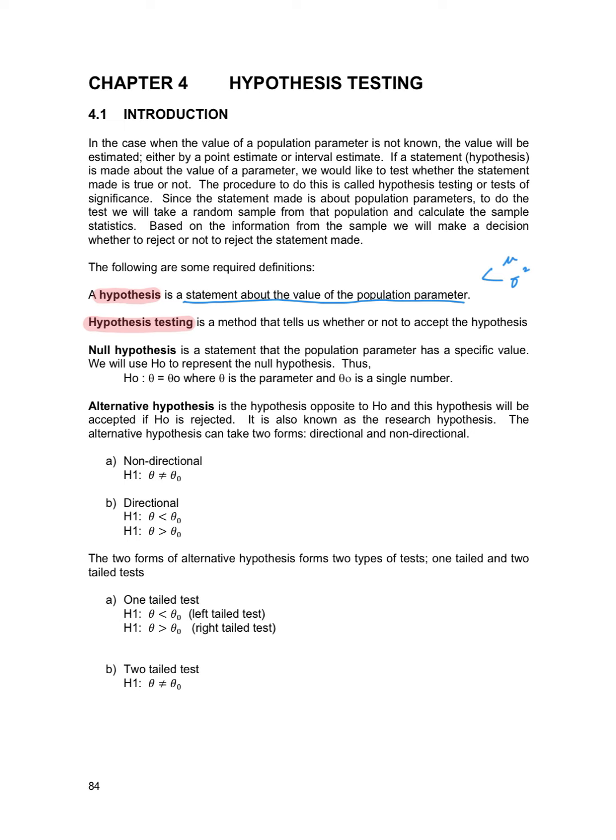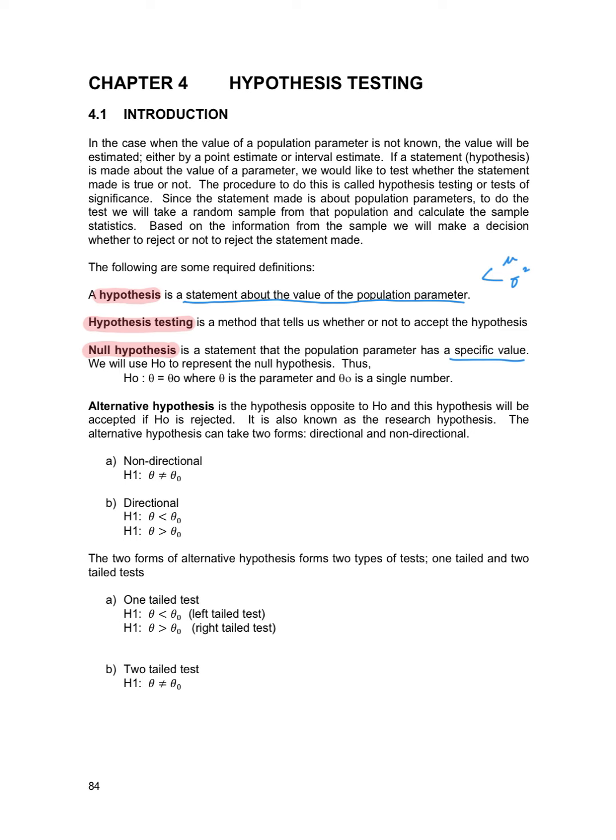And then untuk hypothesis pula dia ada dua. So yang pertama kita ada null hypothesis, and the other one is alternative hypothesis. Null hypothesis is a statement that the population parameter has a specific value. We use the notation H naught to represent the null hypothesis. Meaning that contoh mu equals to 100 katakan.